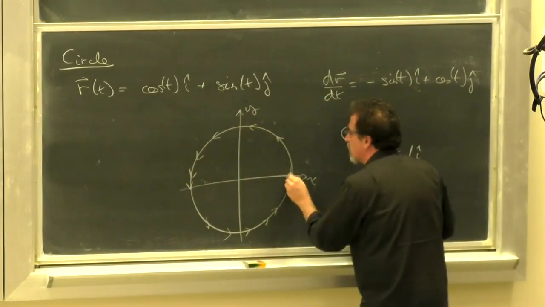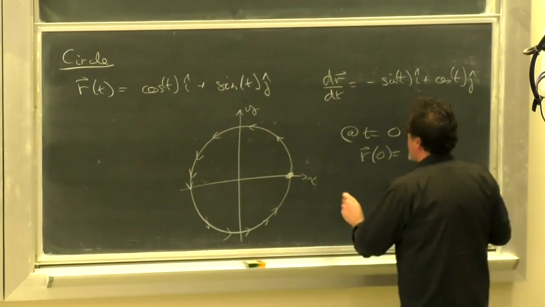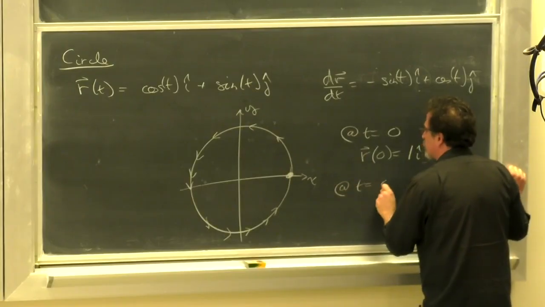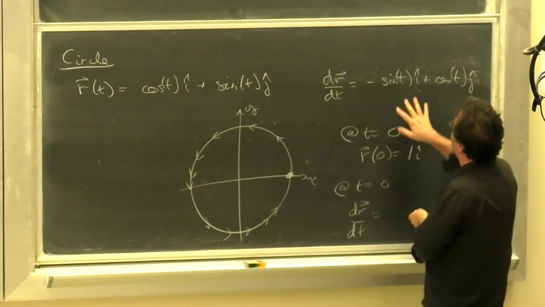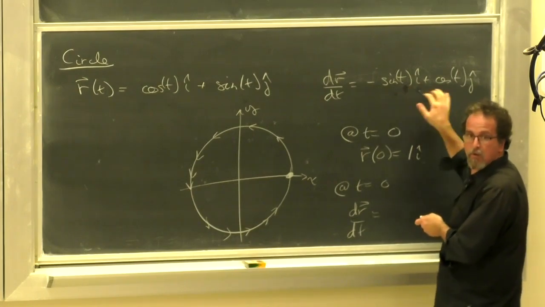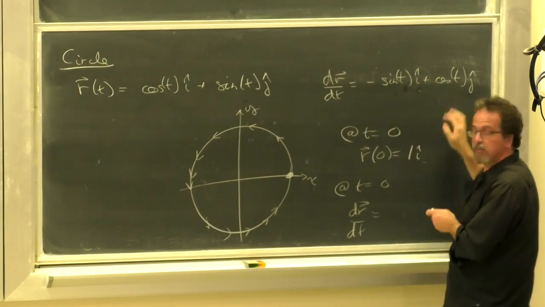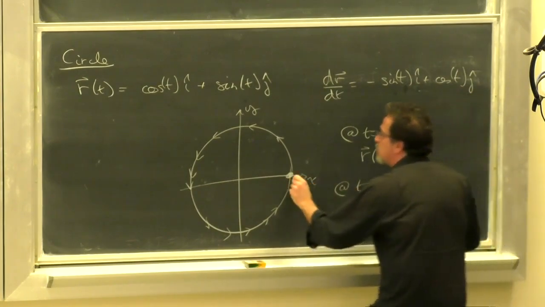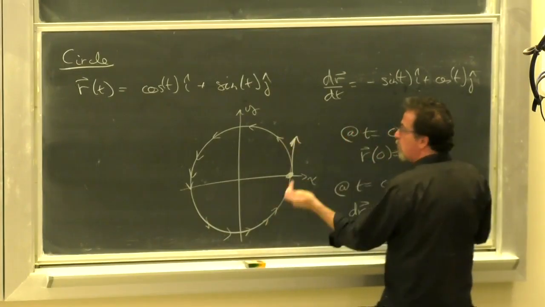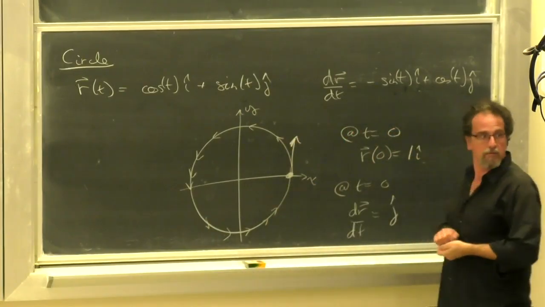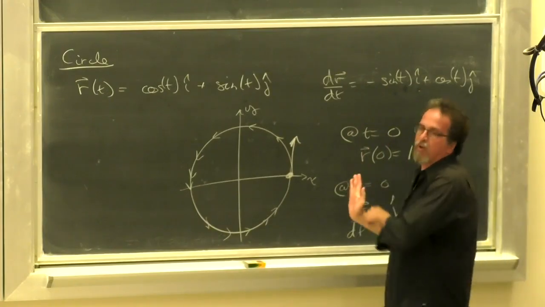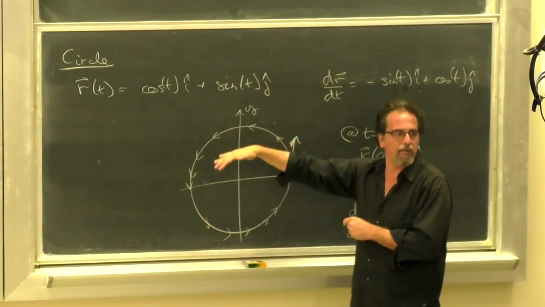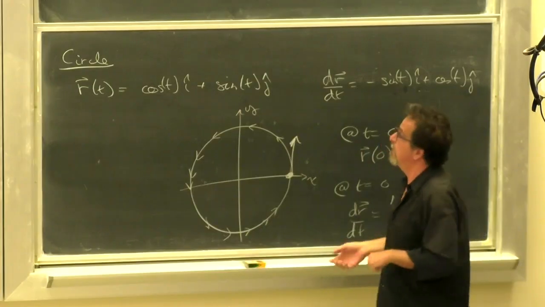So you're over here at t equals 0. At t equals 0, dr dt is just j hat. And so it's pointing up. So you are here and you're pointing there. It's just a nice way. And you know, by continuity, this thing's got to keep going around and around. So this is counterclockwise.